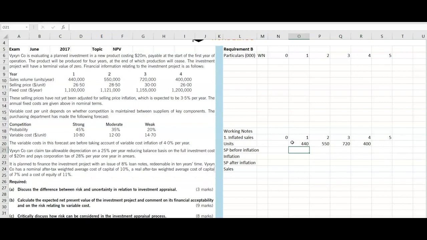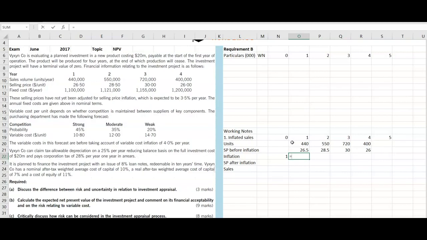We'll have the selling price. The selling prices are different numbers, so they're not the same. It's 26.5, 28.5, then we have 30, then we have 26. If you take the inflation, we'll take the 0th year. Today, the value is 1. At the end of 1 year, it would have gone up. So what would be the inflated value?